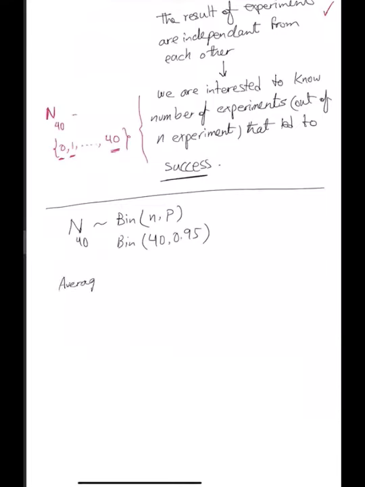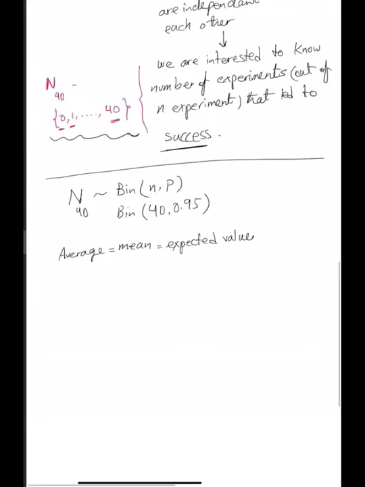Average or mean, or expected value of this random variable. This random variable gets these possible values, 0 all the way to 40. I want to know what the average is, like the number we see most of the time, around that number. So, the expected value of this random variable.